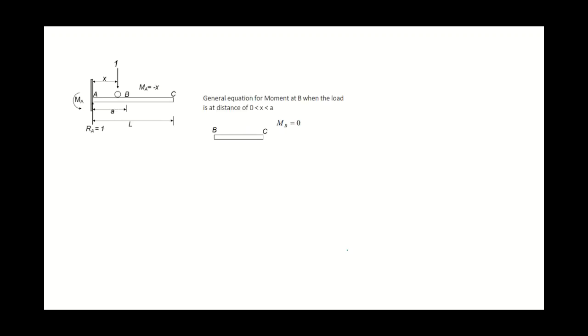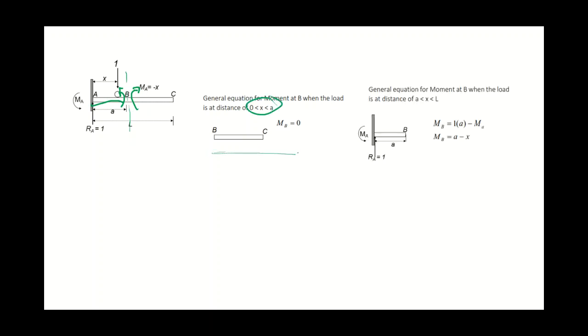Now, computing the moment is similar to the simply supported beam. You still need to divide it into 2 segments. Cut here at B, then take the internal moment. First limit is 0 to A, using the right side FBD.